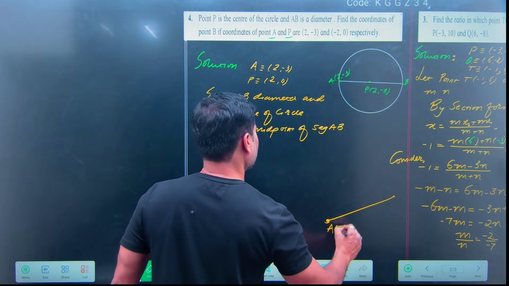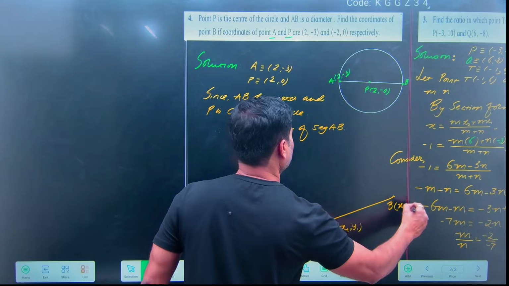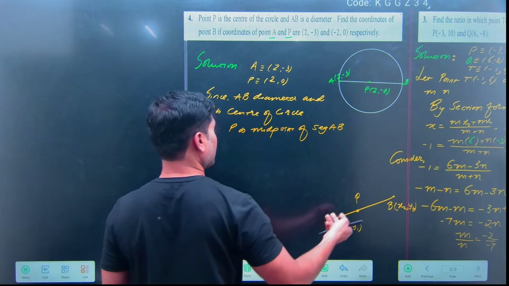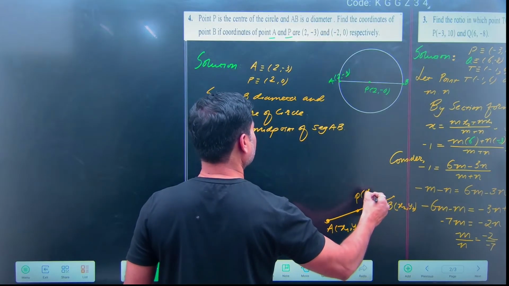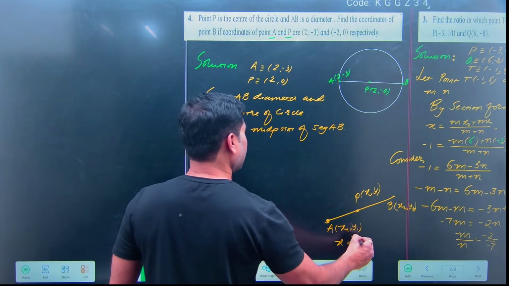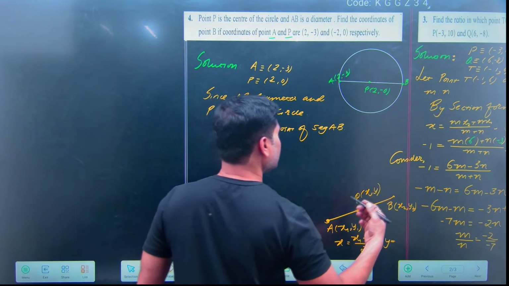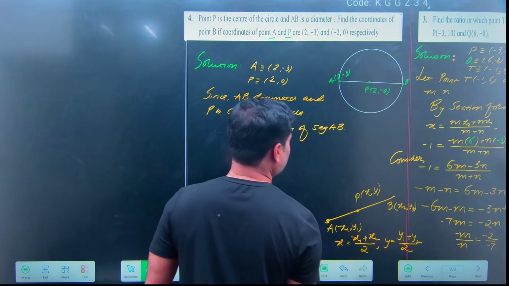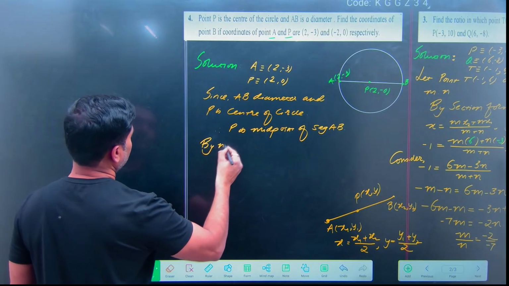If P is the midpoint of segment having coordinates of endpoints as x1, y1 and x2, y2, and the coordinates of P, if I take it as x and y, then the x coordinate of P is given by x1 plus x2 that upon 2, and the formula for the y coordinate of P is again the sum of the y coordinates divided by 2. So this is midpoint formula. So we will use midpoint formula.